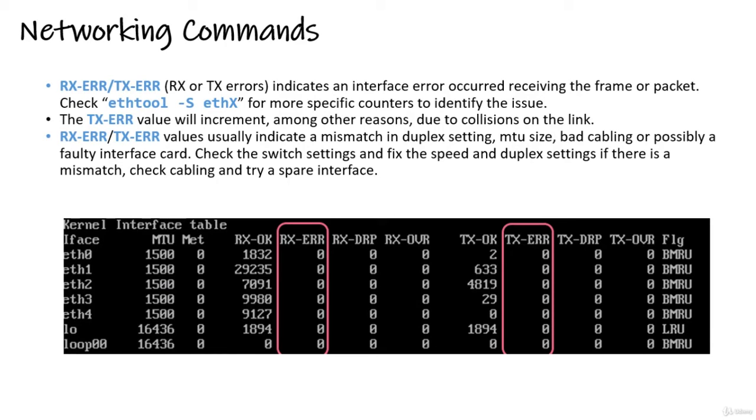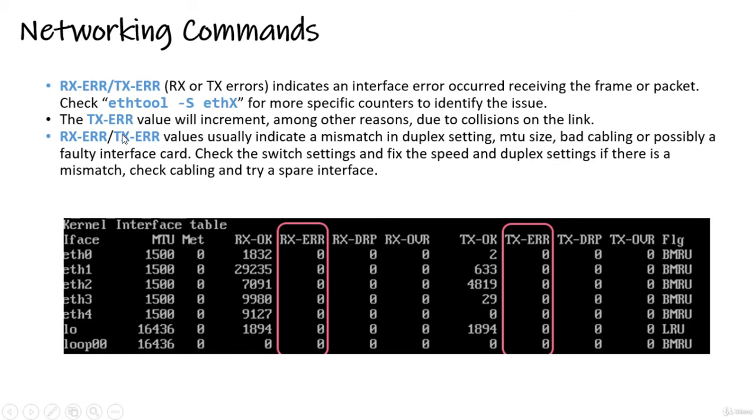So the next thing, when you see RX-ERR or TX-ERR, basically what it means is an interface error occurred receiving or transmitting the frame or packet. You can type in that command to get more specific information for that counter to identify the issue.